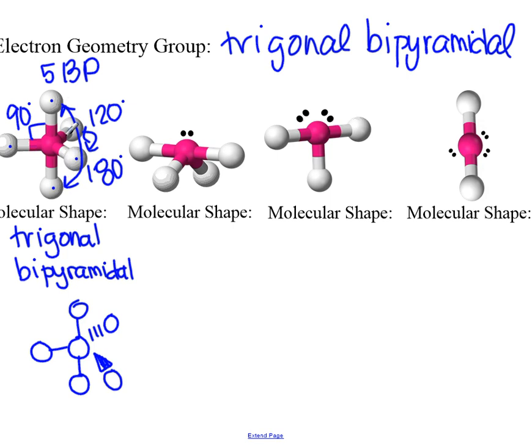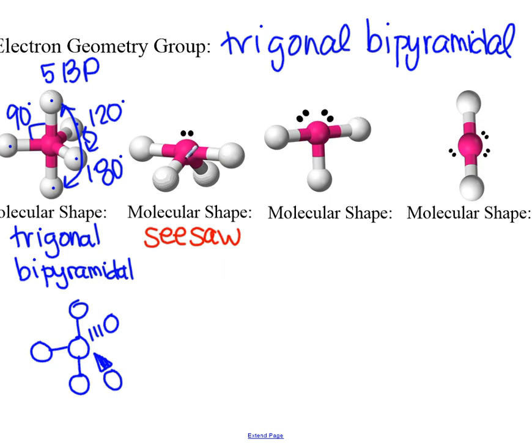So if we're trying to minimize repulsion, we're going to take away ones from the equator. So here, imagine we take one of the bonds away from around the equator. Let's say we take away this one here. And we've just rotated that molecule so it looks like this. This one is called a seesaw shape.